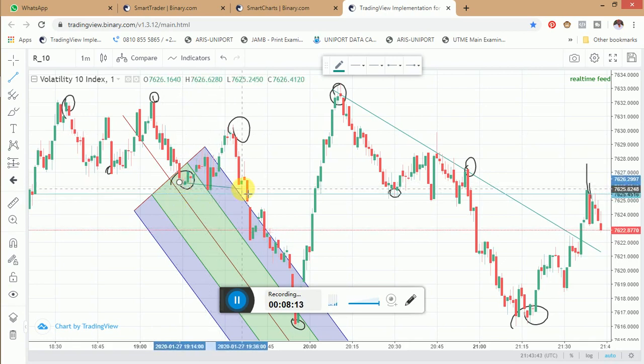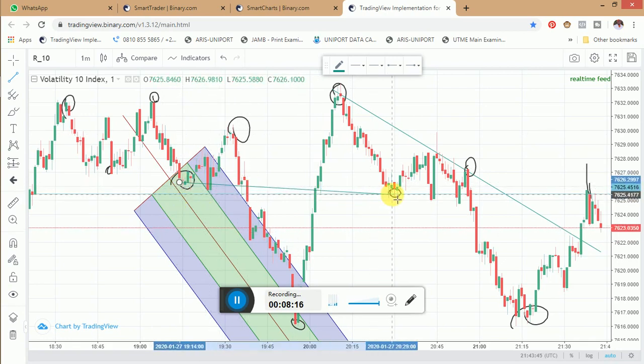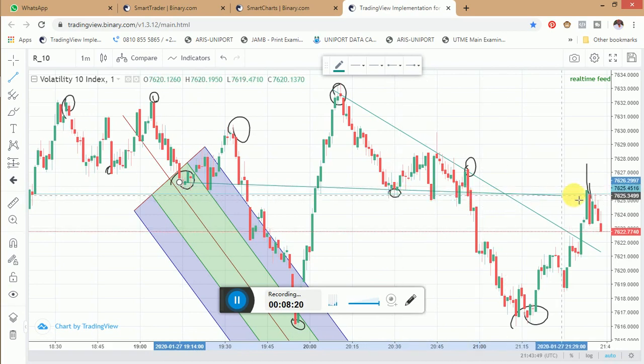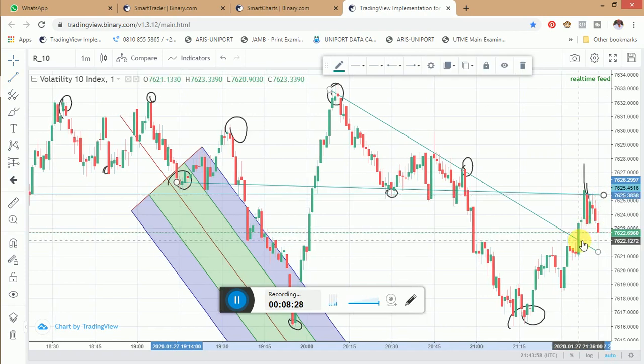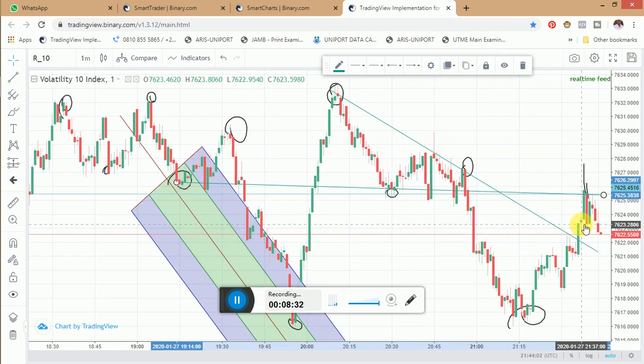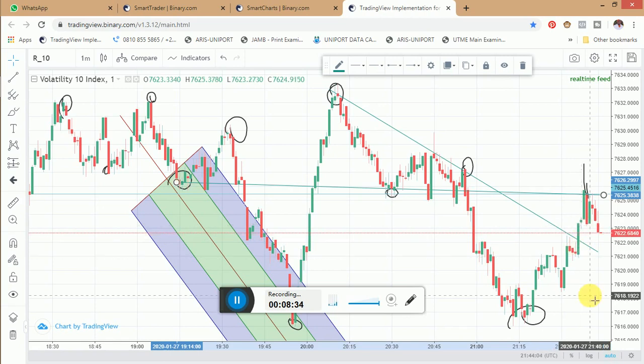Let's draw from this point where the market started rising to this point, to this point. Now the market started rising at those points.